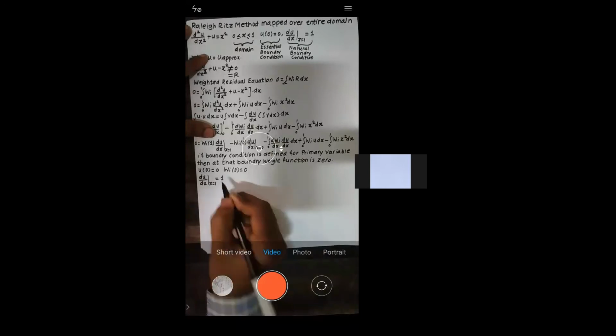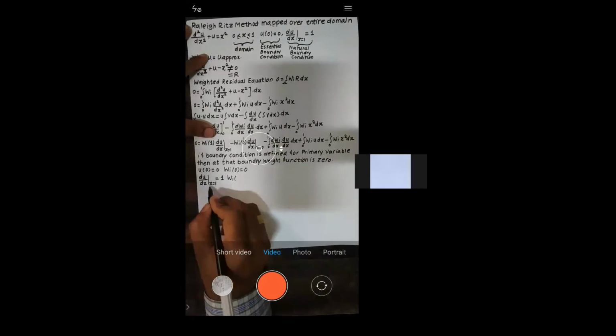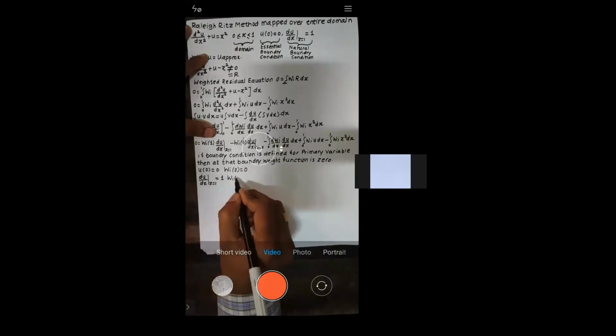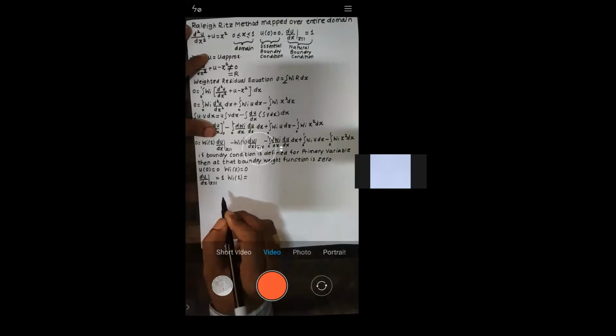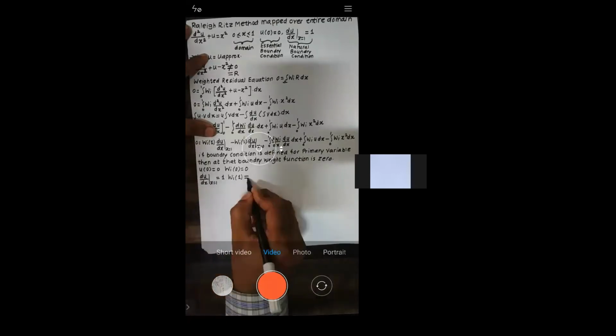So can you take the weight function at x equal to 1? Can you take it 0? No, sir. You cannot take it equal to 0, because this boundary condition is in terms of du by dx, and du by dx is not a primary variable. du by dx is a secondary variable.